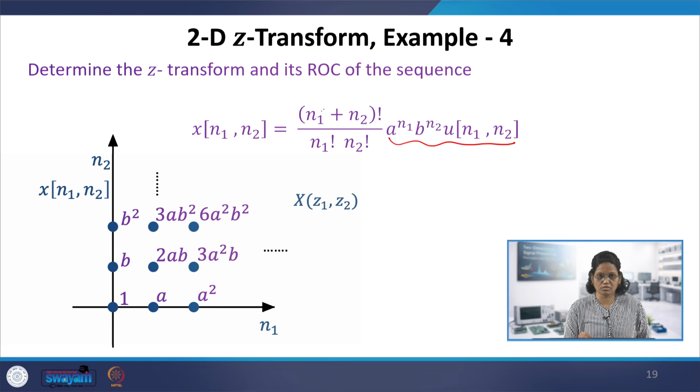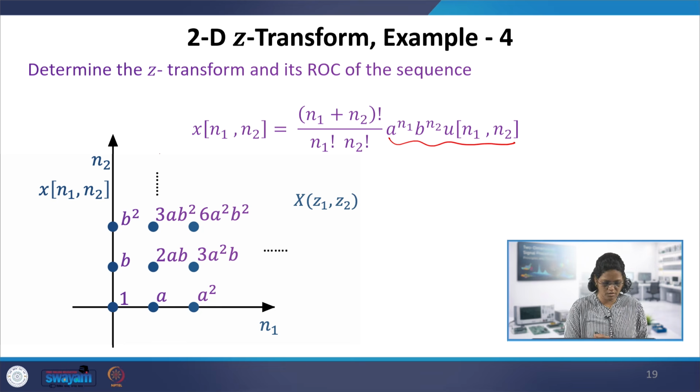Now multiplying this signal with the factorial factor, if we take the case n1 equal to 2 and n2 equal to 2, this is 4 factorial by 2 factorial and 2 factorial, which results in 6. So that is 6 times a square and b square. Similarly for the other cases, it depends on n1, n2 and so on. So this is the sequence.